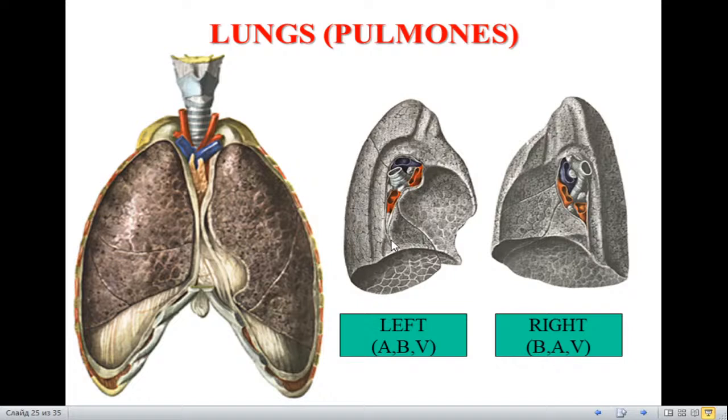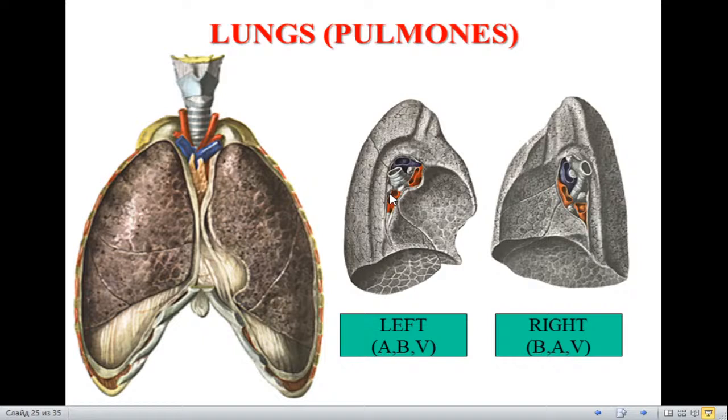On the medial or mediastinal surface of the lungs we have the place where the main bronchi and vessels enter and exit the lungs. Because of the processes of gas exchange in the lungs, the pulmonary artery enters the lungs and the pulmonary vein exits the lungs, the same as the main bronchi entering the lungs.